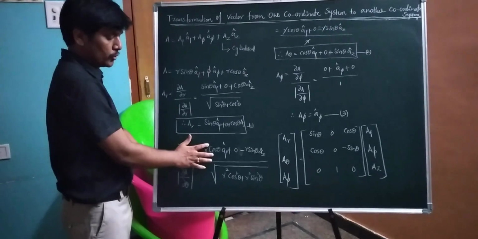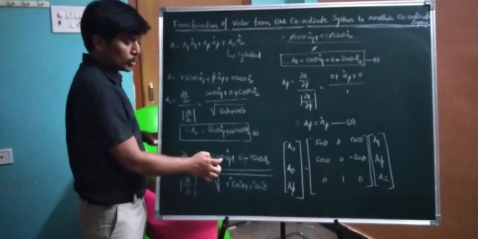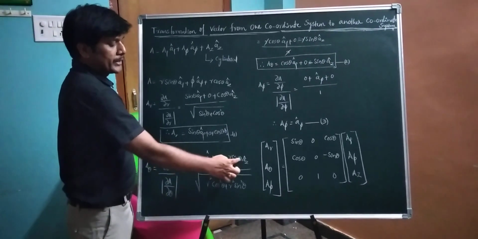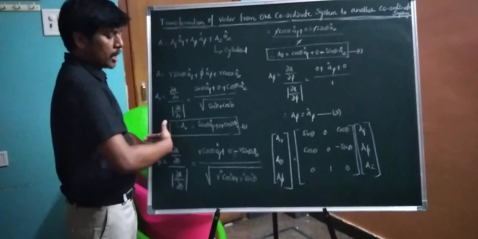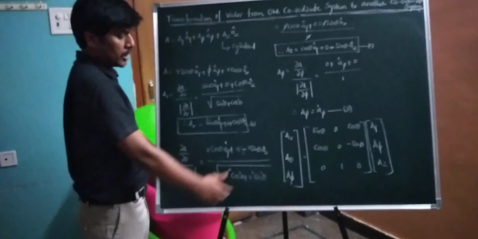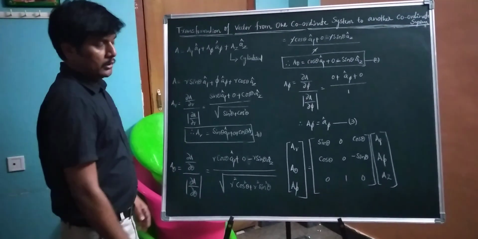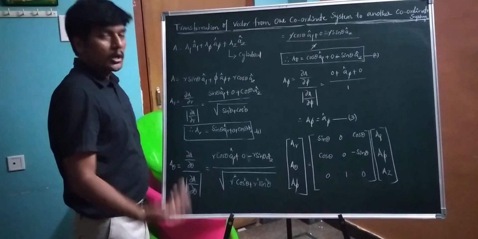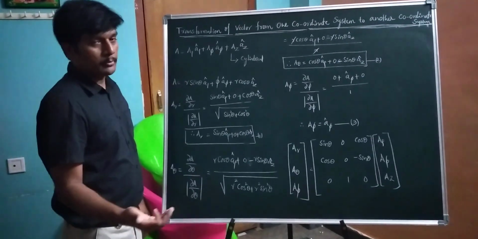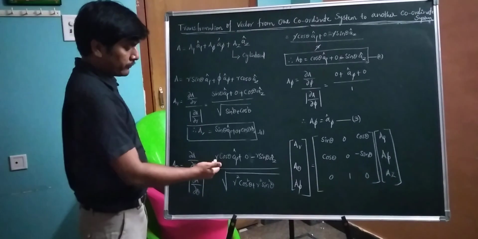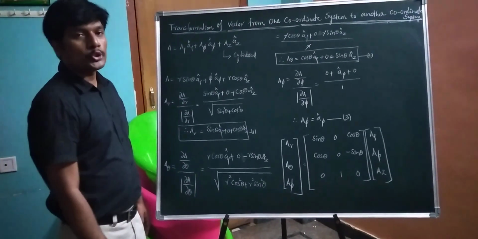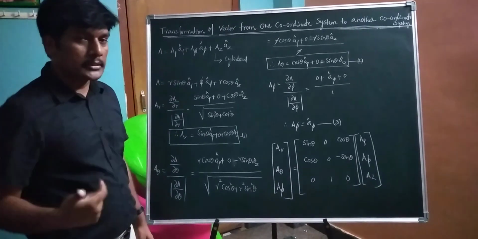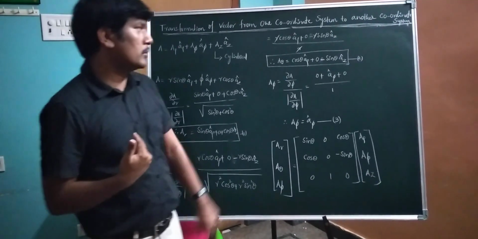What is the magnitude of ∂A/∂θ? It is the square root of r² cos² θ plus r² sin² θ. Taking r² common, we get cos² θ plus sin² θ, and sin² θ plus cos² θ becomes 1. Under the root r², the denominator becomes r, and in the numerator r is common, so the r in the numerator gets cancelled with the r in the denominator.